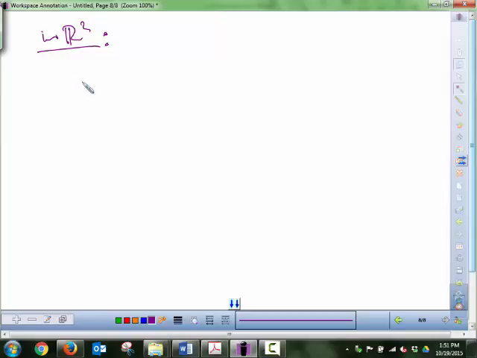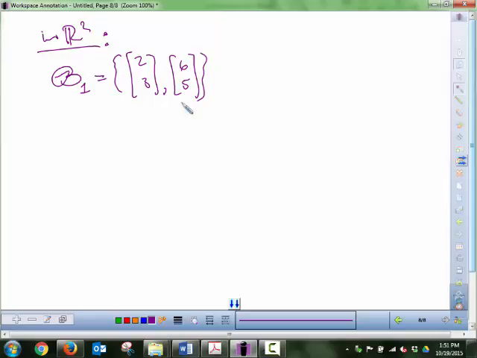I guess we should call this basis script B, B1. Say (2, 3) and (6, 5), as long as they're linearly independent. So this is one basis, and as long as they're linearly independent, they span all of R2.